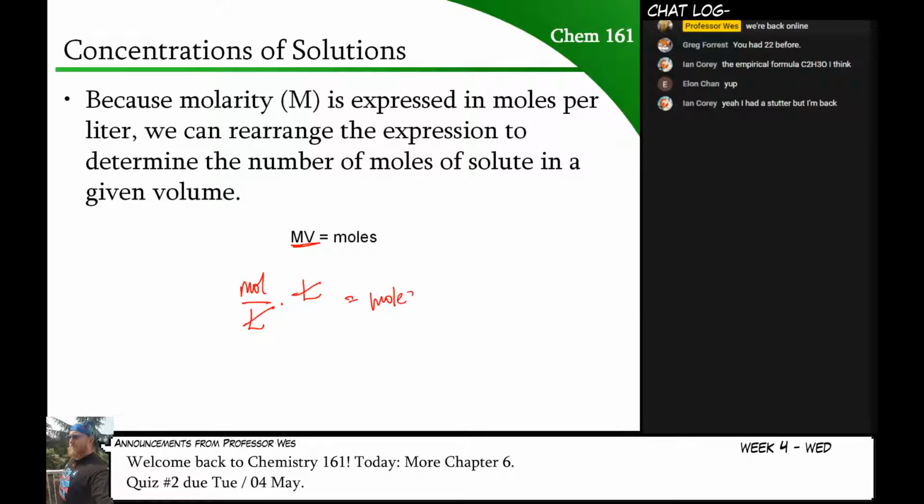There you go. Now, if you know the number of moles of something, then you could figure out the number of grams of that something, and so on and so forth. You can do any calculation that we did at the end of Chapter 2 once you know the number of moles of something.